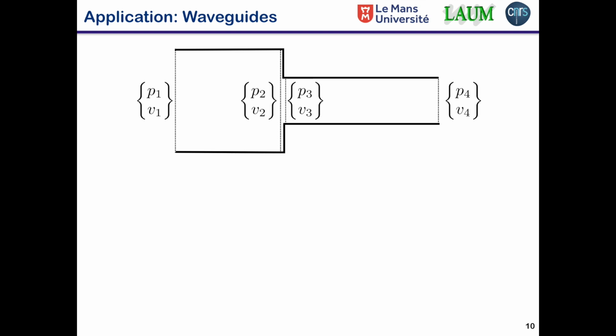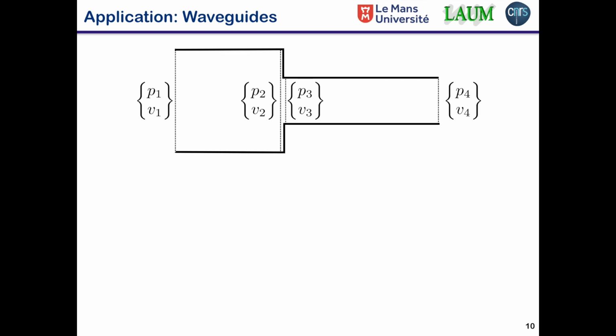Then, in fact, the physics on one line is just given by two numbers, which are pressure and velocity. So we can put this pressure and velocity in the same vector. For each abscissa, we have one value of pressure and velocity. This vector is called the state vector in physics. We will come back to that later on.